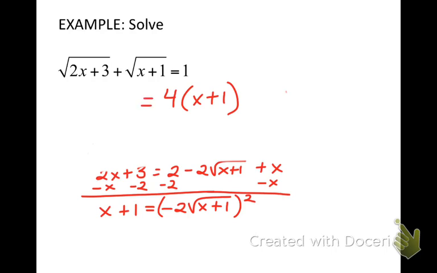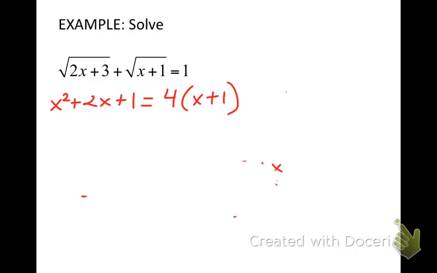And then I have to make sure I square the x plus 1. What's that going to end up with? X squared plus what? 2x plus 1. Good. All right, now that's a much simpler equation that we can solve, right? So distribute your 4. That gets me x squared plus 2x plus 1 equals 4x plus 4.